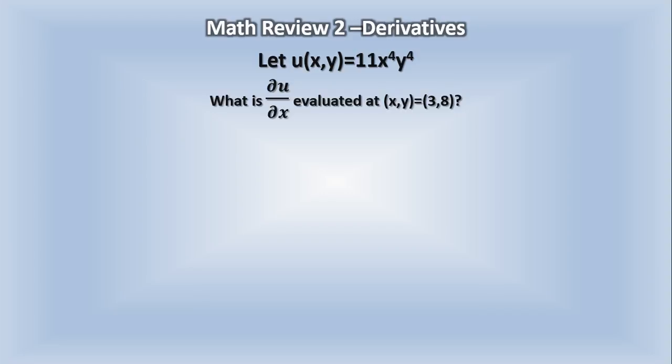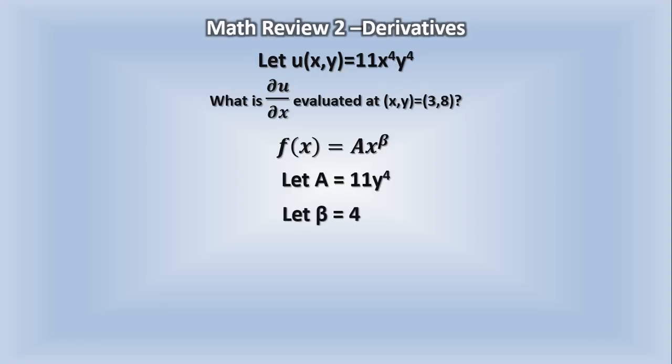So if you're taking the derivative of this with respect to x, then you can think of it as just being a function of one variable, so one power function, so x being raised to some exponent, beta, times some constant a. And a can be everything but our variable, so 11 y to the fourth can be part of that constant.